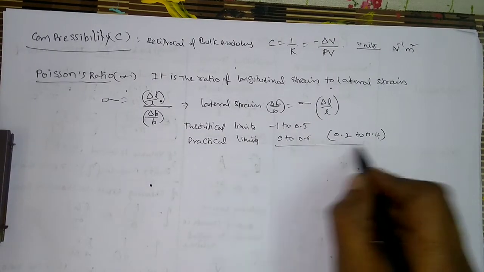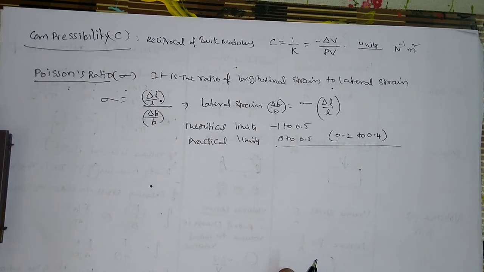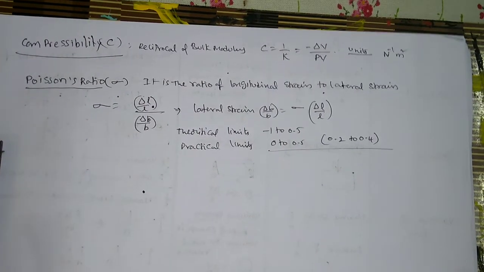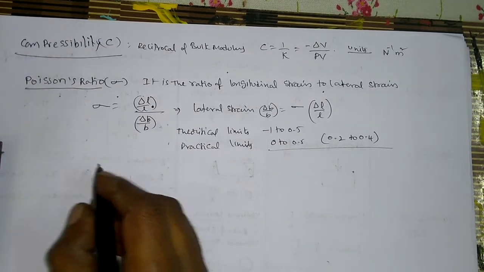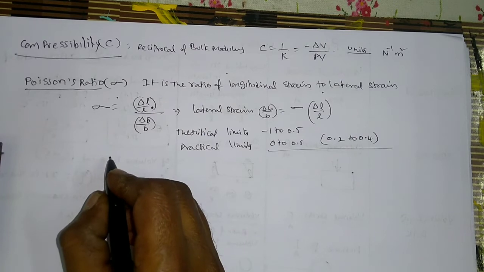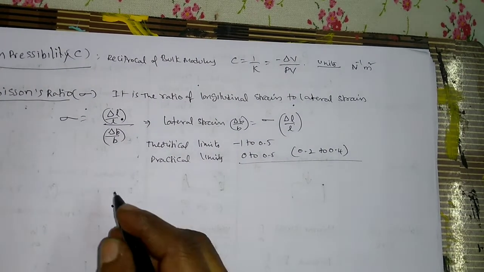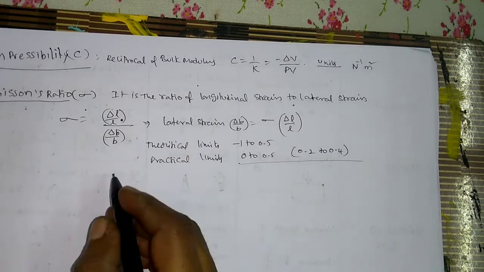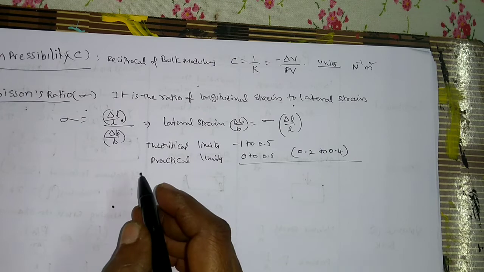So both are correct. This is about Poisson's ratio. Now the relation between volume strain and Poisson's ratio, in general, the formula will be like this.